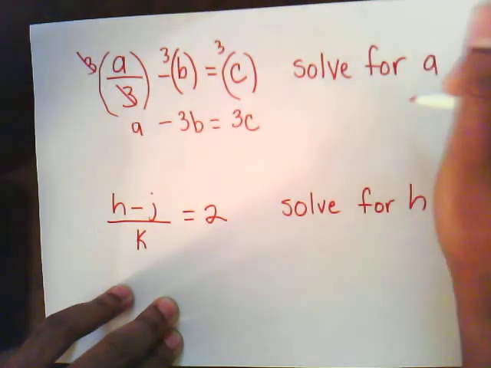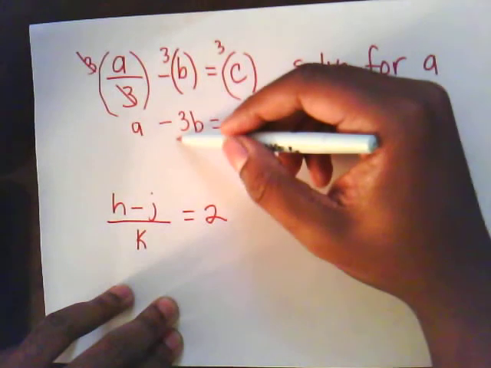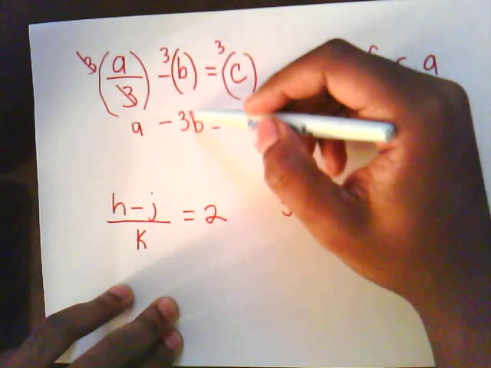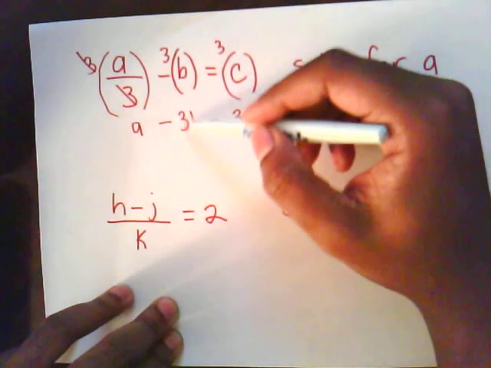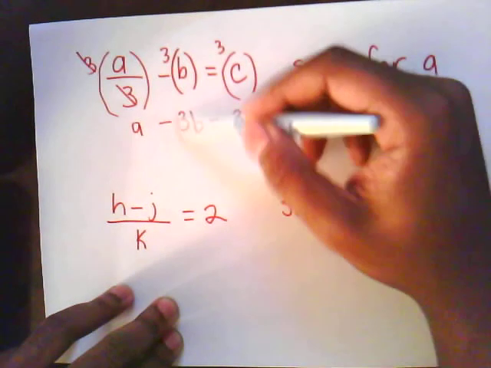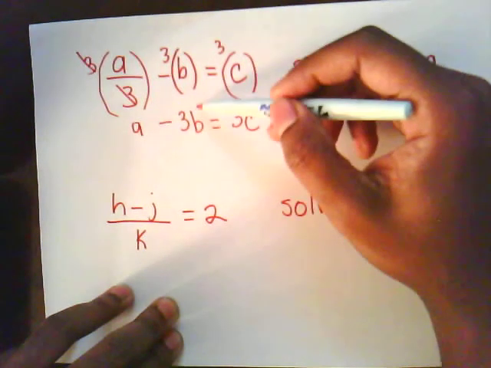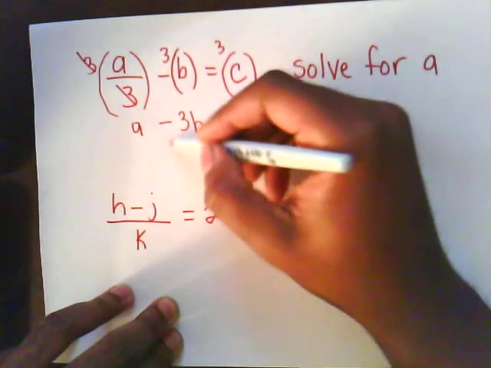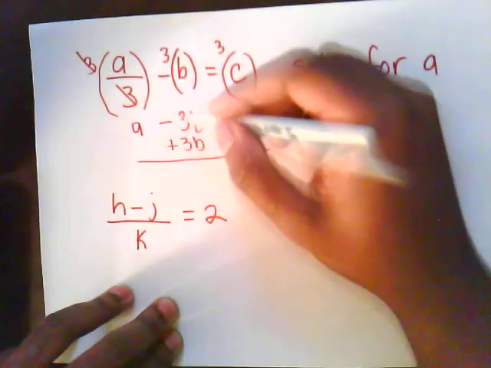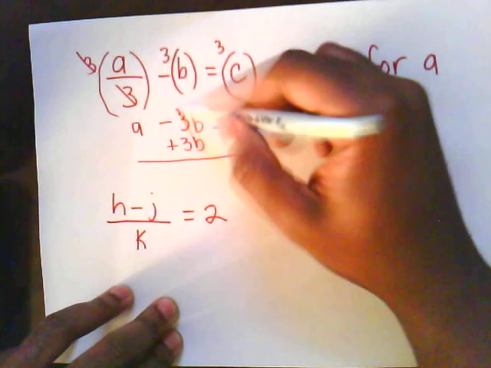Again, we're looking for a, and the 3b is the only thing that needs to be moved to get a by itself. Now, remember what I said here. We're not looking for an element within this term. We're not looking for 3 or b, so this is going to be one term in itself. So to get it to the other side, we do the inverse operation. Negative 3b plus 3b is 0.